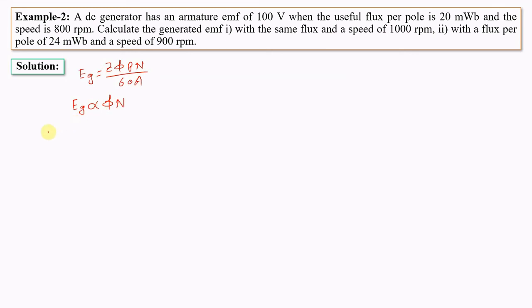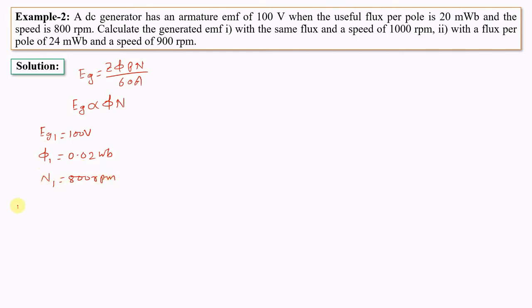So in first condition, the generated EMF Eg1 is equal to 100 volt. The flux per pole in first condition is 20 milliweber, that means 0.02 Weber, and the speed for the first condition is 800 rpm. So these are the values given.